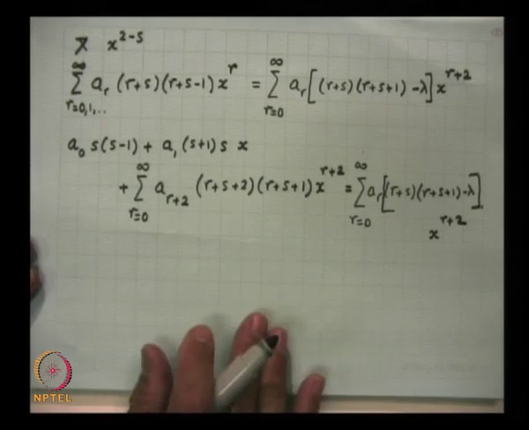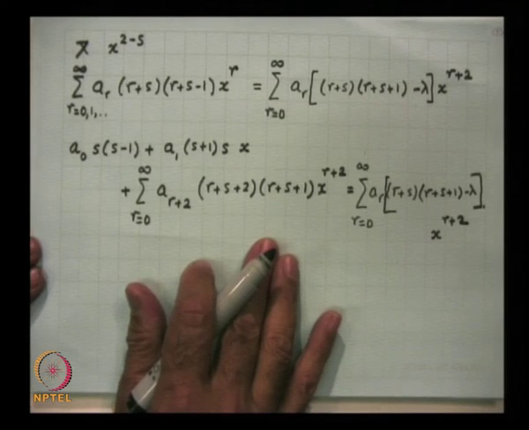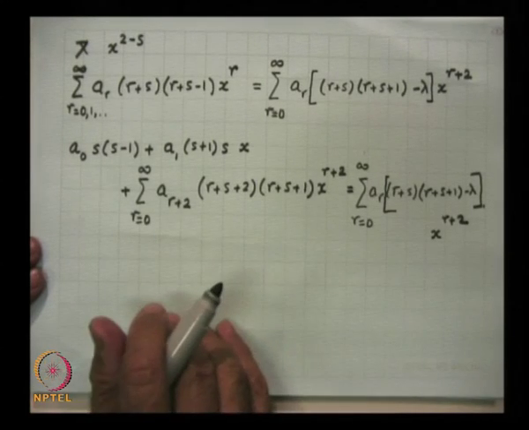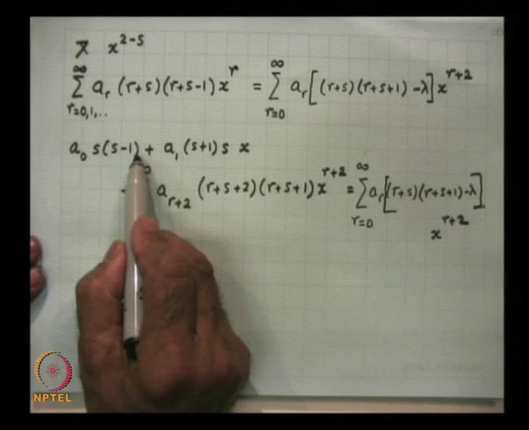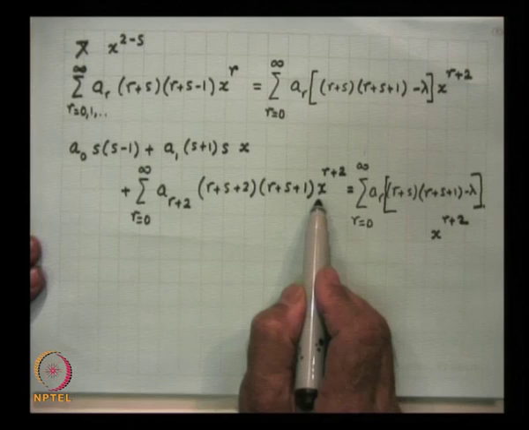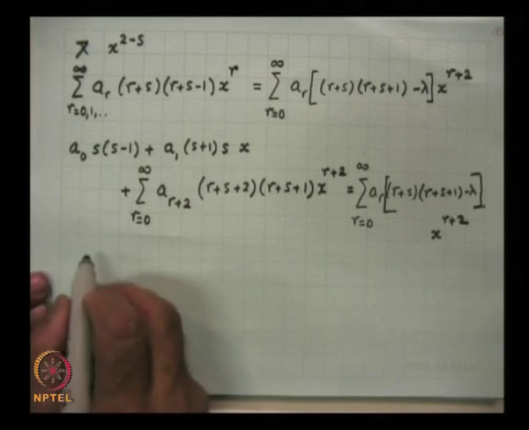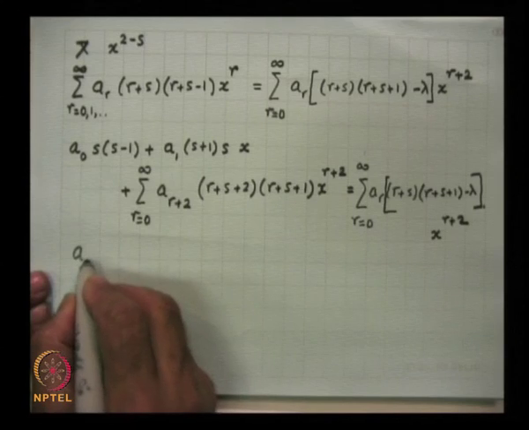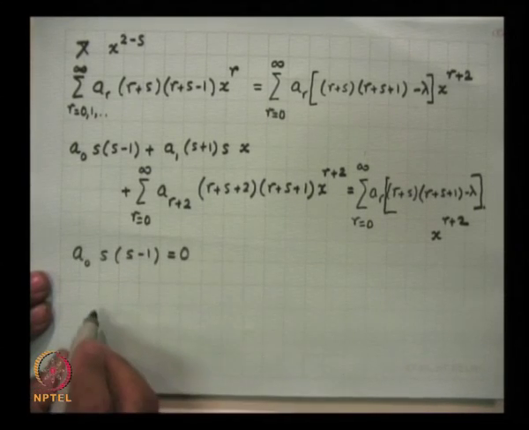Now, this is an equation which has to be valid for all values of x. So, the coefficient of x to the power of 0 must be 0, the coefficient of x to the power of 1 must be 0, the coefficient of x to the power of 2 must be 0, and so on. So, the first term gives a_0 s into s minus 1 must be equal to 0.